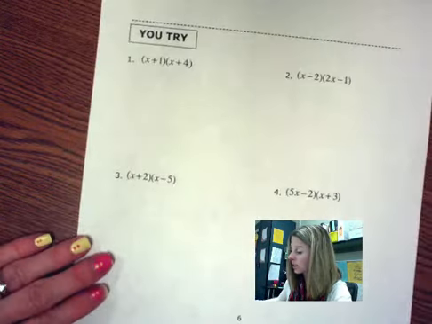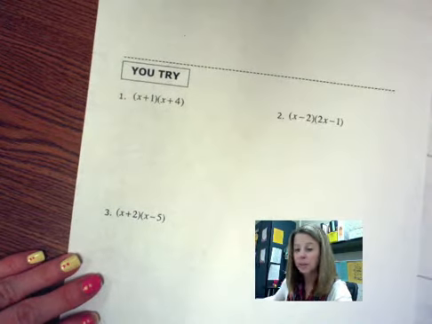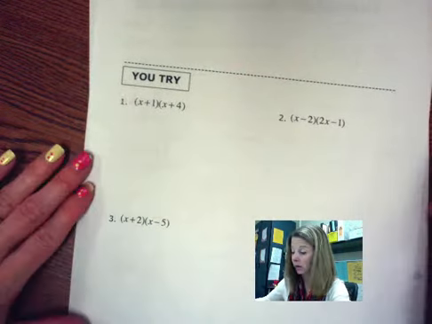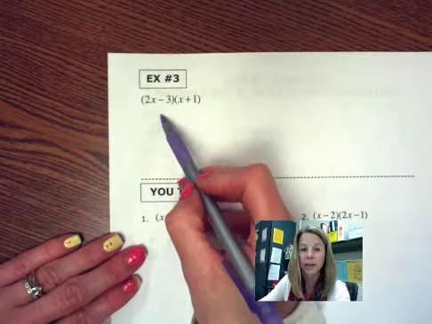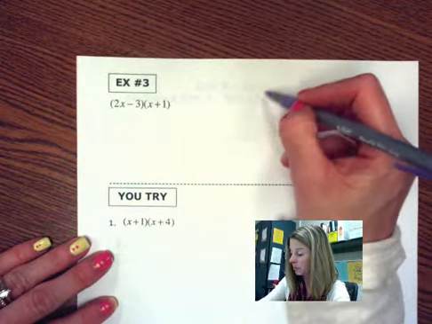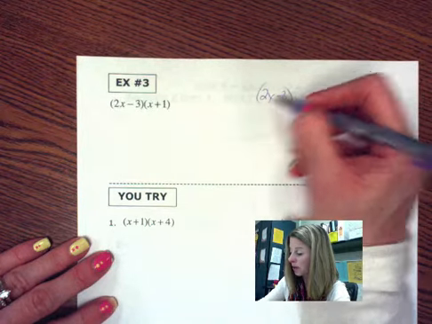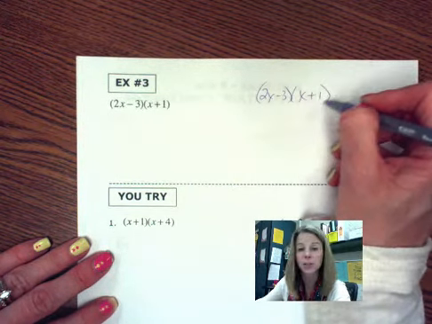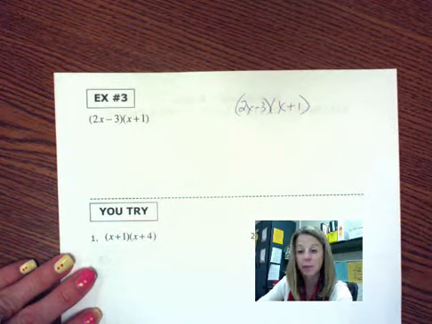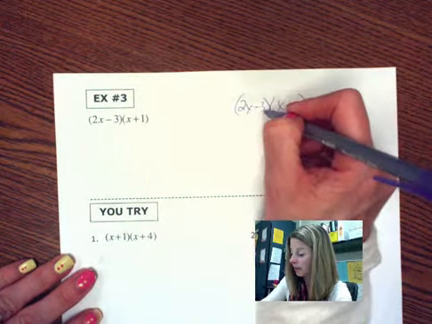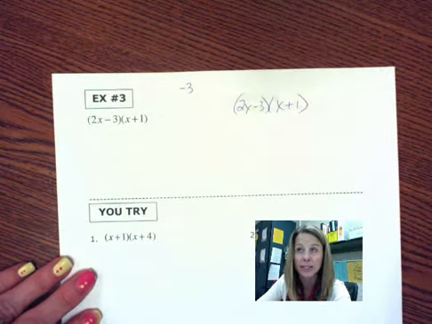All right, so let's look at number 3, because so far we have had simply all positive numbers. Okay, so number 3 right here, I'm going to give myself a little more room over here. I'm going to go ahead and go through the distributing method where I point to it and multiply. Now remember, if it says -3 right here, the 3 is negative.